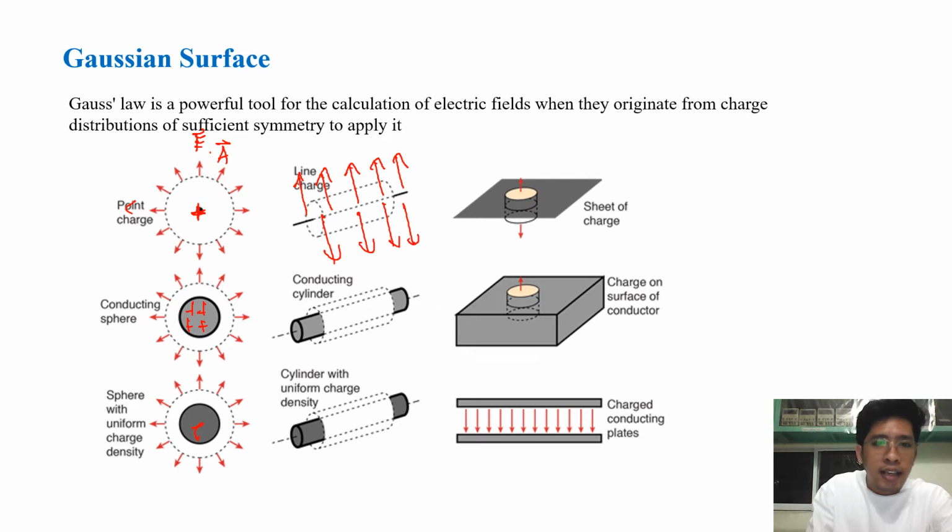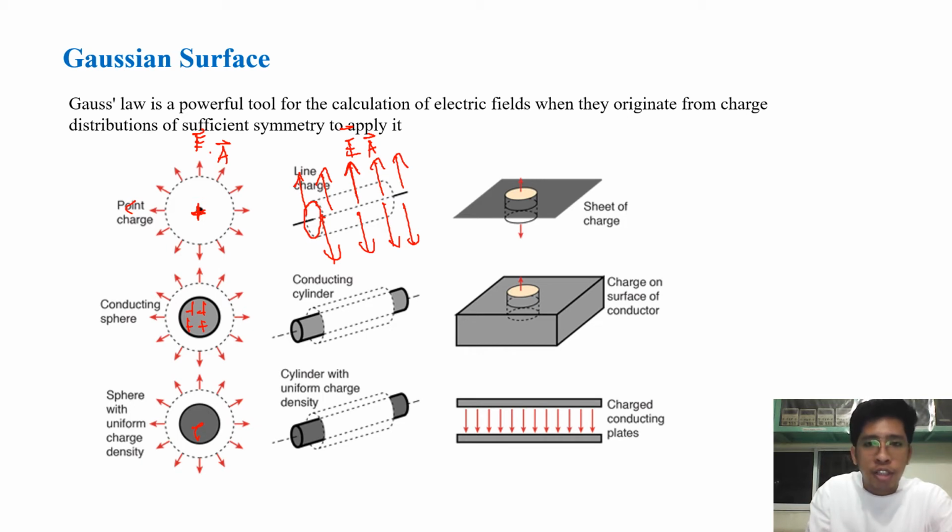Any field on this side, any field that goes here, will have a zero contribution. And here, since these are radially outward, your E and your A are perpendicular. The same case applies for a conducting cylinder and a cylinder with uniform charge. We use a cylindrical Gaussian surface.